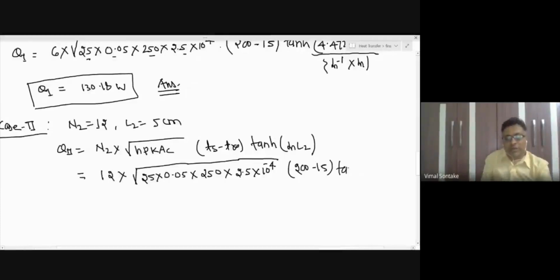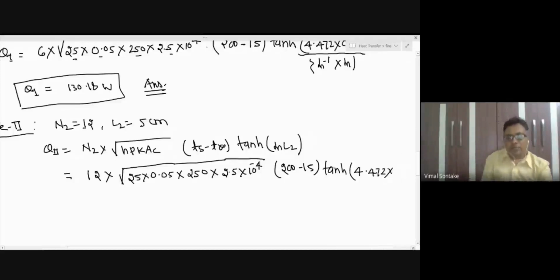So tanh of, the value of m is 4.472 and the length in case 2 is 0.05.